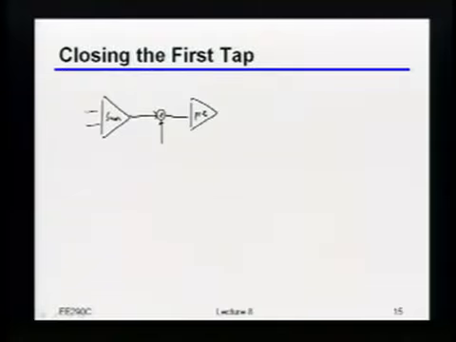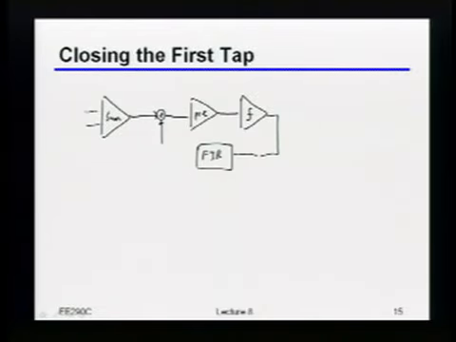There's some more detailed reasons why you'll do that, but for now, just take it as because I don't want to have to deal with kickback. So I'll go into a preamp, and then essentially I go into the actual slicer, and then at that point I have to feed back and go through. I'll just label this as being an FIR. It's not necessarily in the digital domain, but you get the idea.